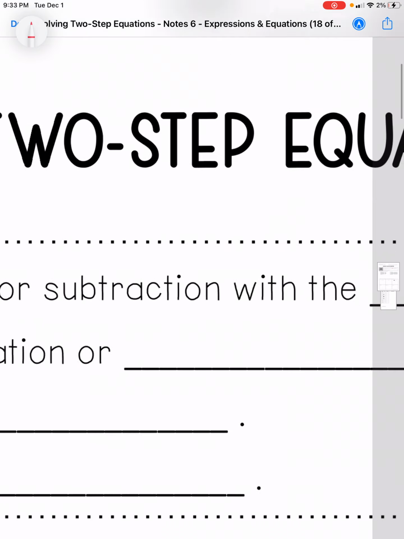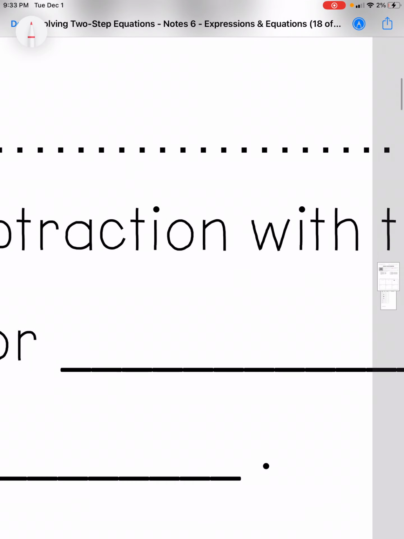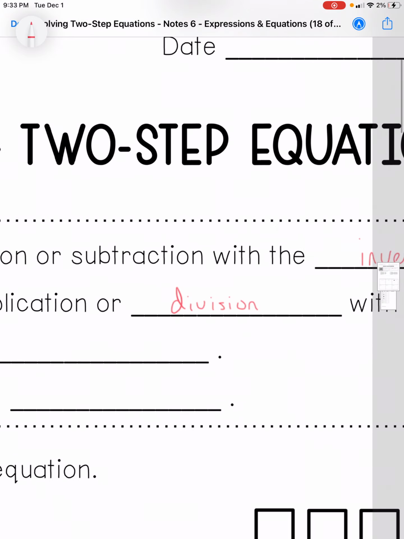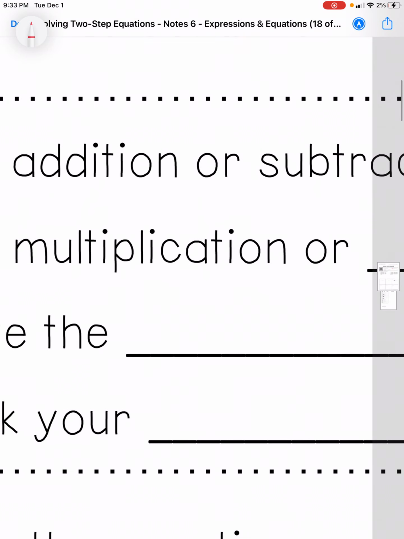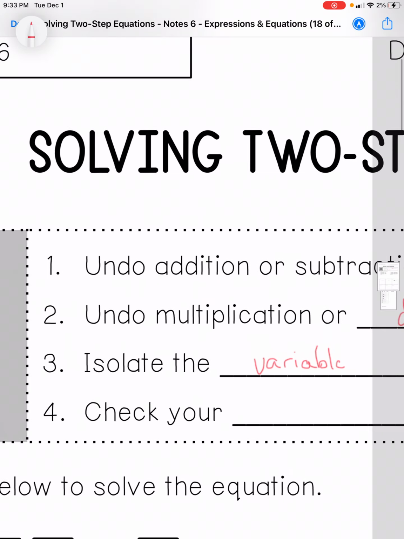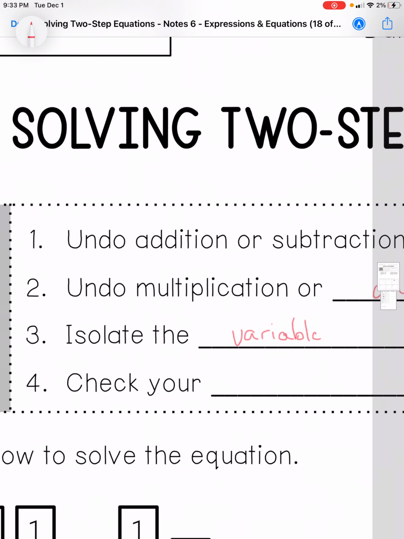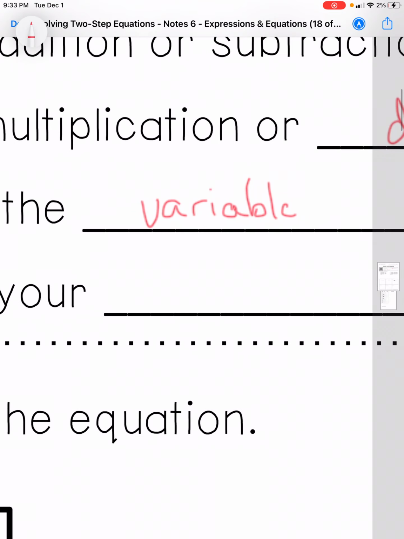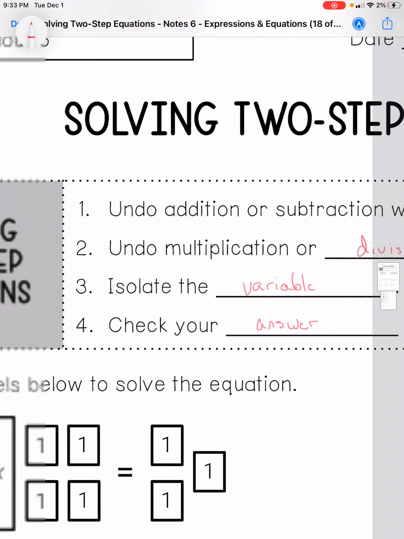Undo the multiplication or division with the inverse operation. We're going to isolate the variable, which we have been doing. So if you forget the steps, these are the 4 steps at the top, and number 4 is obviously check your answer.